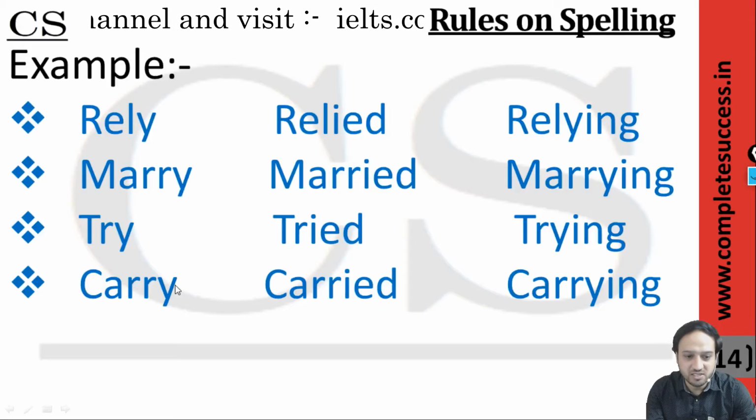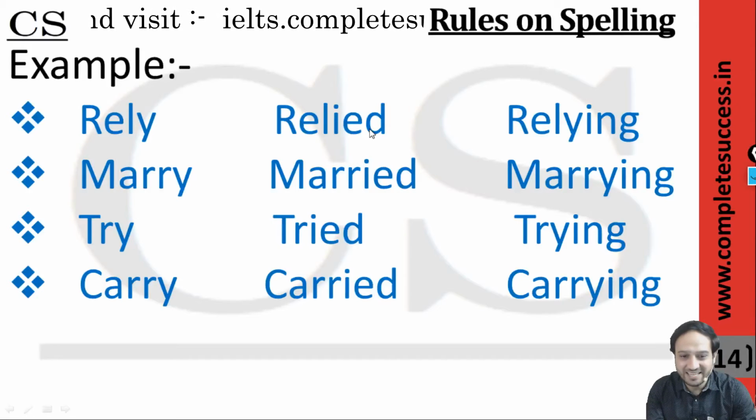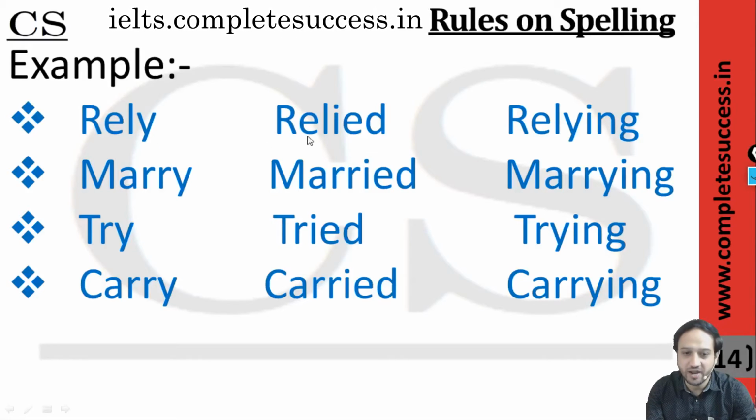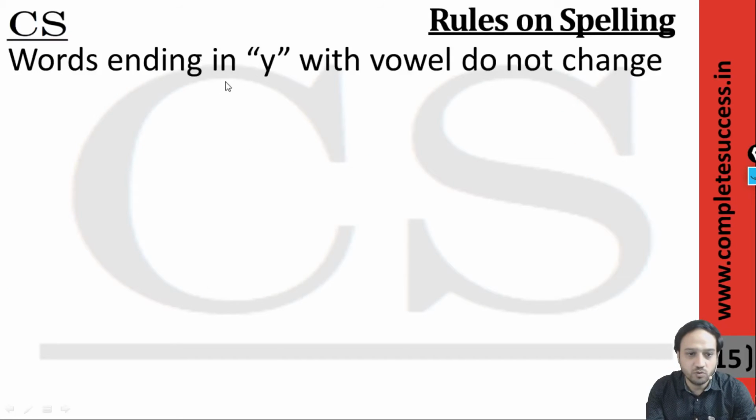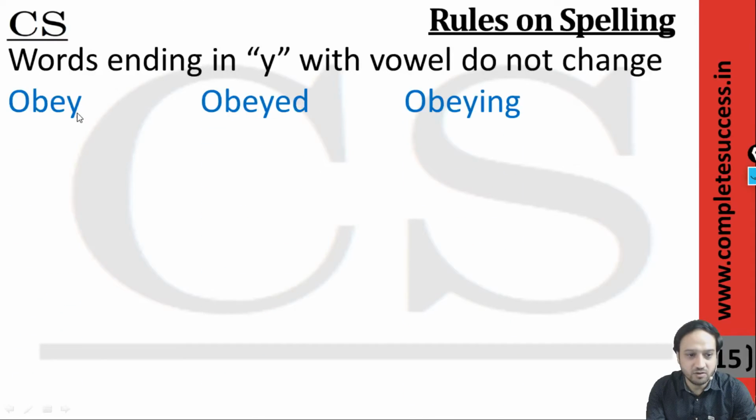So in all such words, while adding ed, we have changed the y into I, but while adding ing, we have not changed the y. So the words ending in y with vowels do not change. Example: now before this y there is a vowel e.